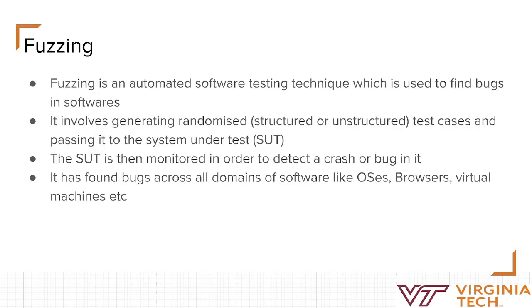Fuzzing has been very effective generally at finding bugs in all kinds of software. There are fuzzers for operating system kernels, for network software, user space software, of course, basically any kind of software that accepts input.